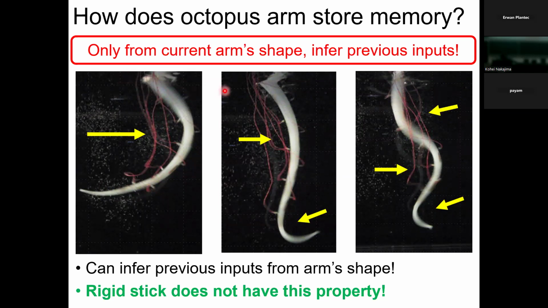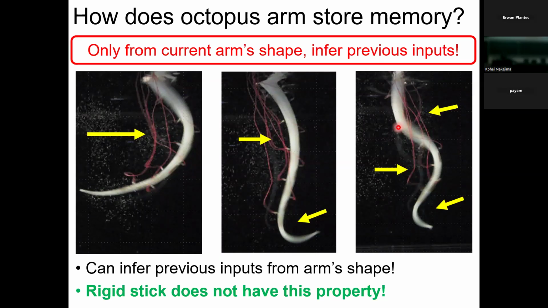If you have this kind of posture, then obviously because there is a bend here, and this bend propagates with a finite velocity from base to tip, it stores memory like this. And in this case, because we have 3 bends, we can estimate that the input was injected like this.